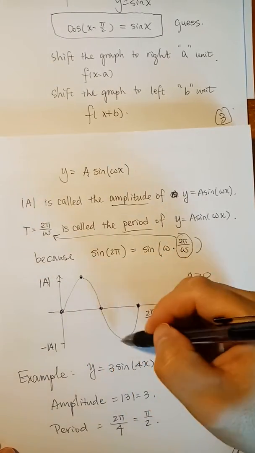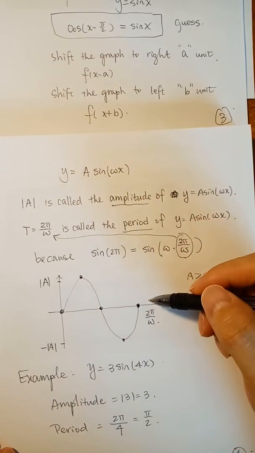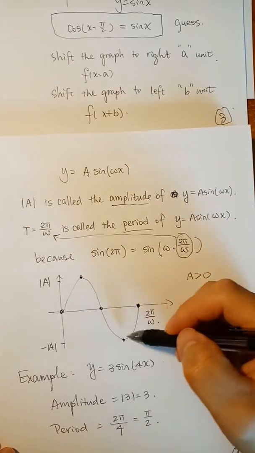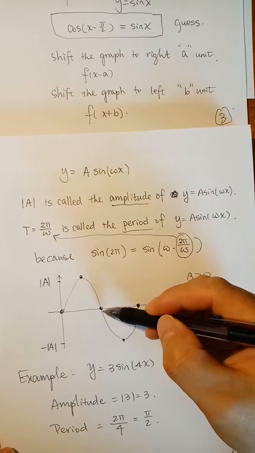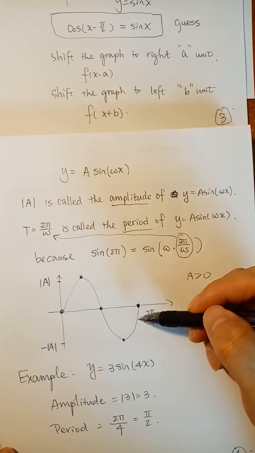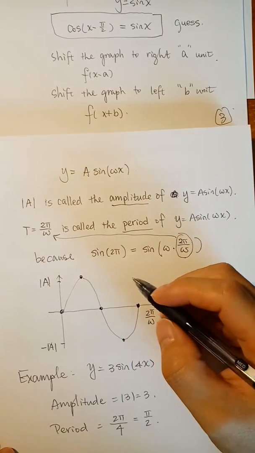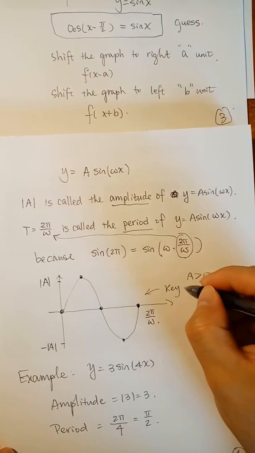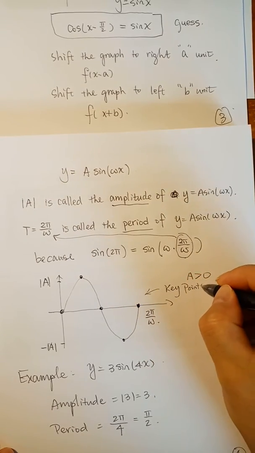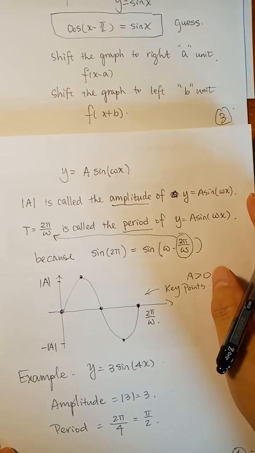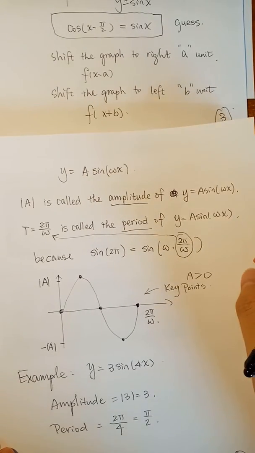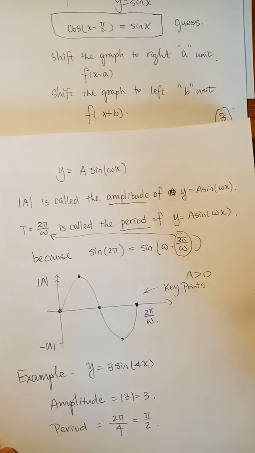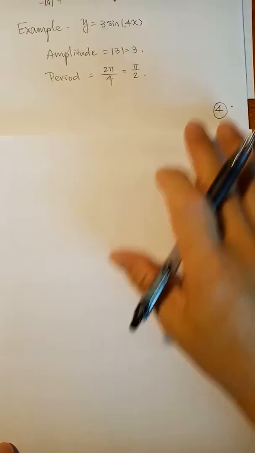You need those 5 points to determine the regular shape. Whenever you have these 5 points, you can just trace them and get the graph. So these 5 points are called the key points. So we can use key points to graph the sine function or cosine function.